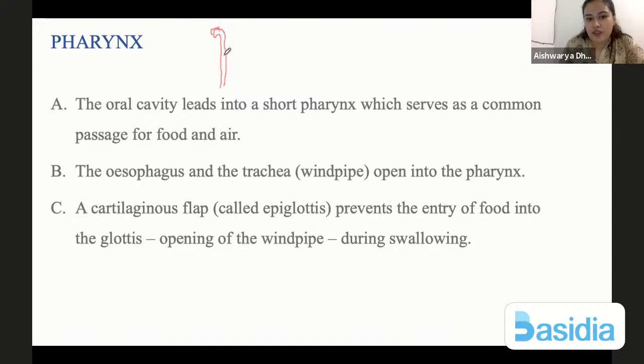Now, just before the opening of the food pipe, there is a portion which is known as pharynx. Pharynx is something that is common between, so it's a common passage between food pipe and windpipe.